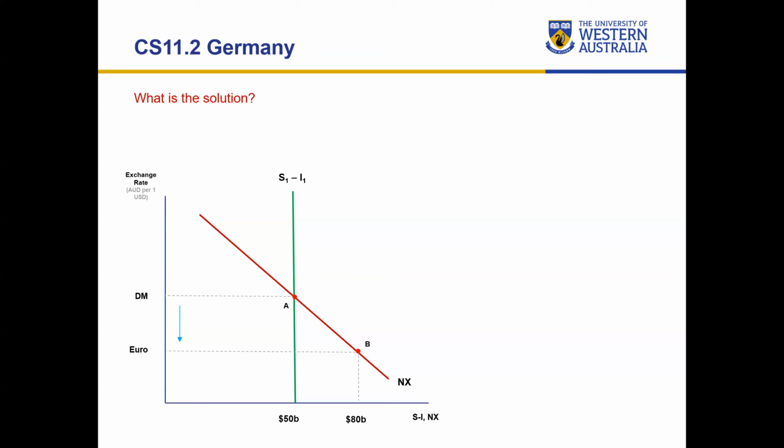Now, one way would be to shift this green line to the right so that the green line now sits above $80 billion. So the Germans could then do that by saving more money or investing less. But the problem is that would just mean a higher level of net foreign investment for Germany.